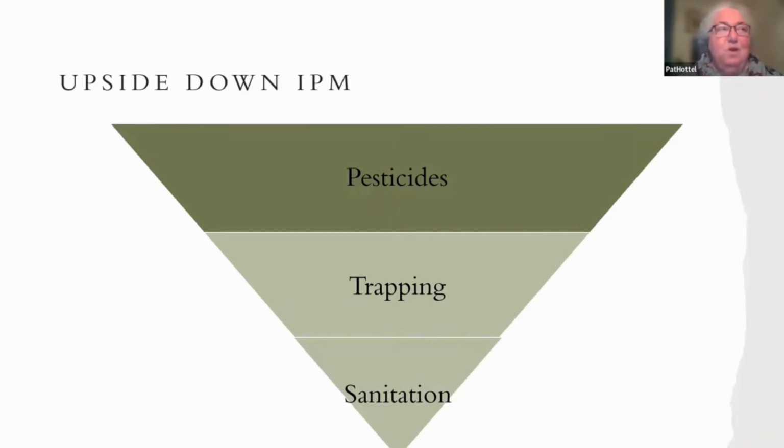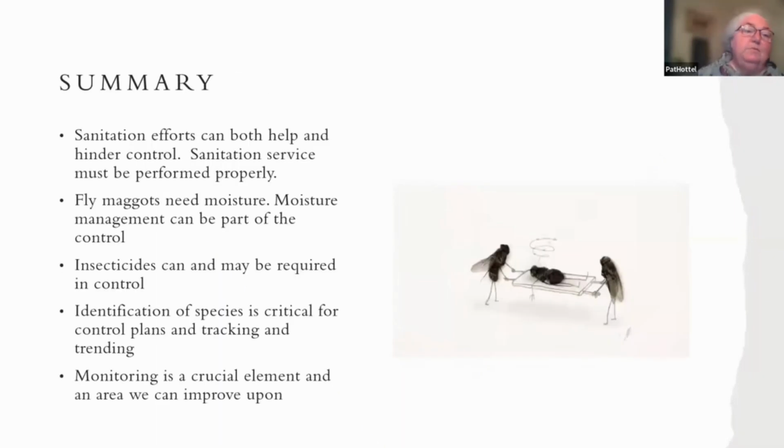And sometimes we also have health department or regulatory concerns that we have to address through the use of pesticides, where a health inspector says, I'm going to come back, if I see one fly, I'm going to shut you down. Those kinds of things. Pesticides may be the first item used as we still work on the importance of source reduction, the importance of exclusion, but starting with pesticide to get relief. So sometimes it's an upside down model.